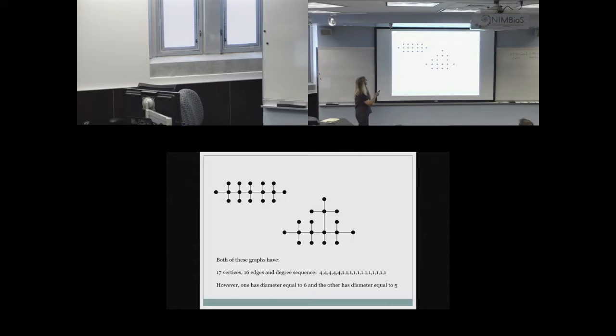If you look at the top one, the distance from this vertex to this one is 6, and that's the maximum distance over all pairs, so it has diameter 6. But if you look at this one, there are no pairs of vertices that are 6 apart. Everything's within 5. So these cannot be isomorphic. These are two distinct graphs.